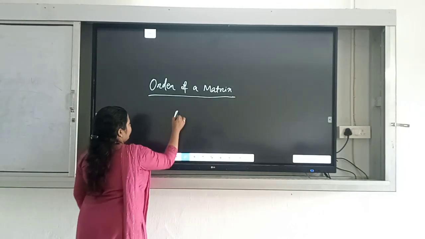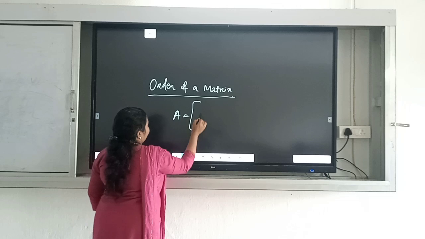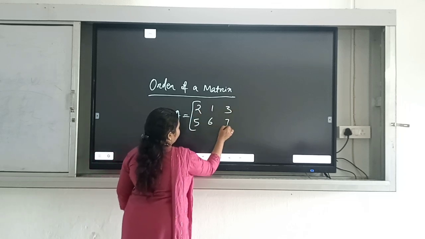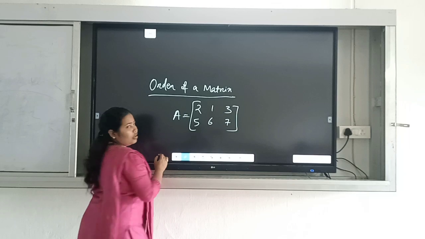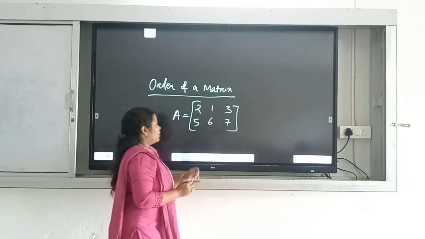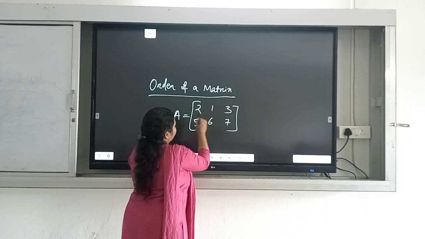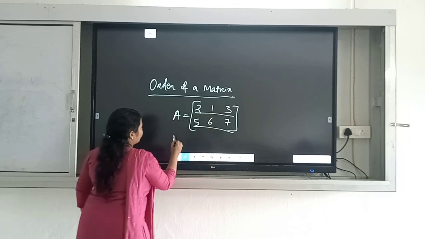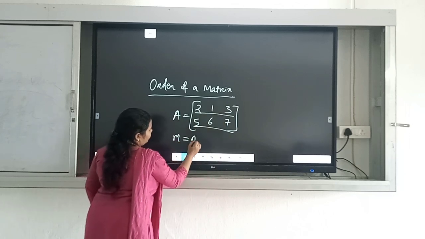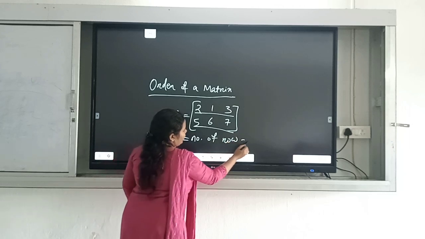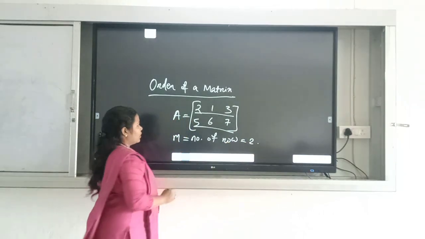Let's take a matrix A that contains 2, 1, 3, 5, 6, 7. Then what is the order of matrix A? So we can calculate it: the number of rows, that is m, is 2.